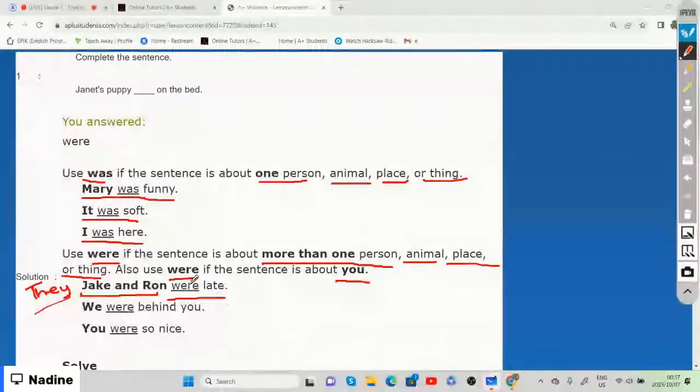They were. We were behind you. So instead of giving the people's names, right, you can just say we were behind you. And then you, this is where we also use you with were: you were so nice. So you were so nice.